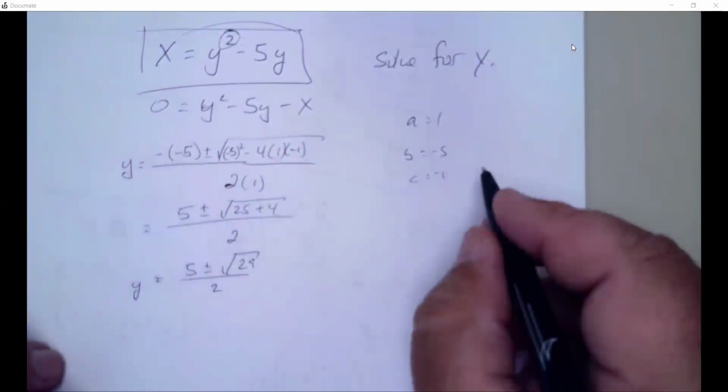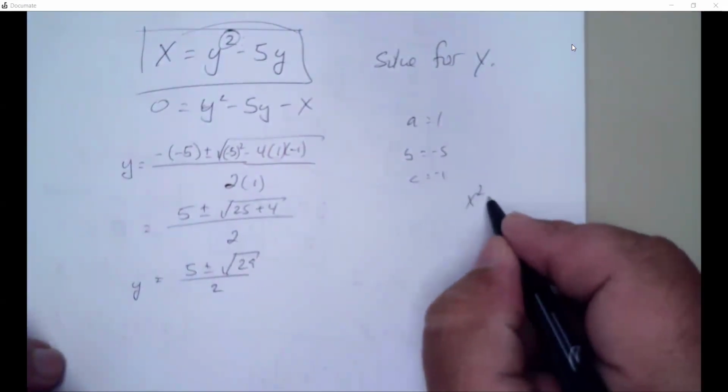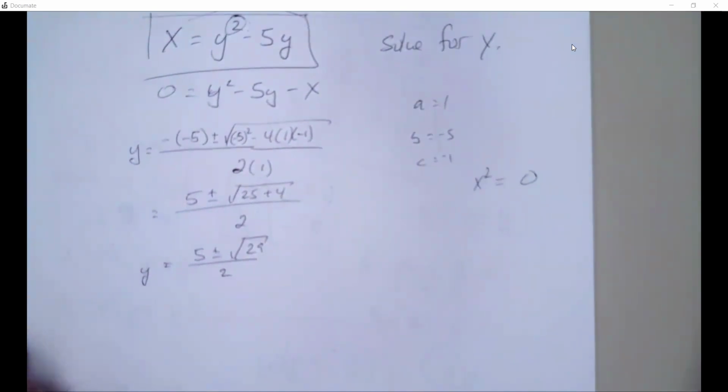By definition, whenever we have quadratic equations, they have to equal 0. So we put everything on one side.